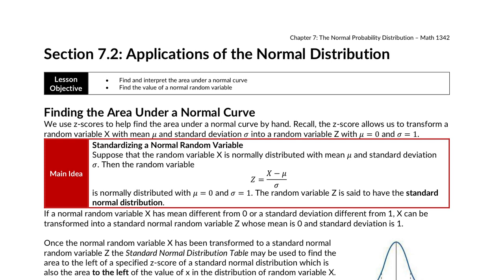To help find the area underneath the curve by hand, the z-score allows us to transform a random variable x with a mean of mu and a standard deviation of sigma into the specific random variable z that has a mu of 0 and a standard deviation of 1. So how do we transform these numbers?